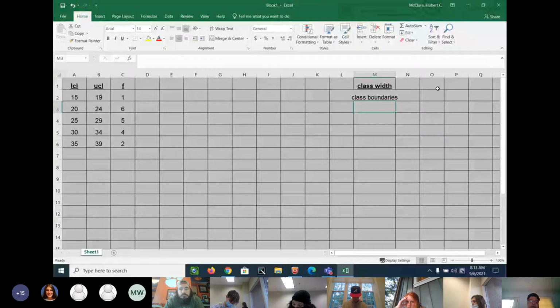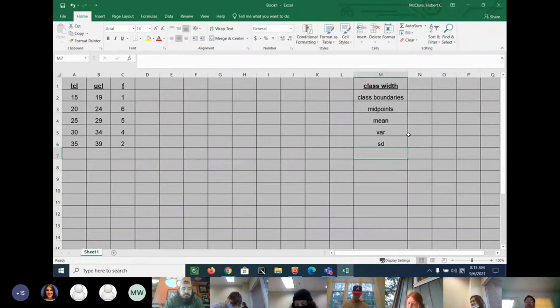Class width, class boundaries, midpoints, mean, variance, and standard deviation. So give everybody 5 minutes at 8:17. We'll see how everybody does and go through it. Now y'all should at least be able to find the class width, class boundaries, and midpoints. Those are pretty simple.